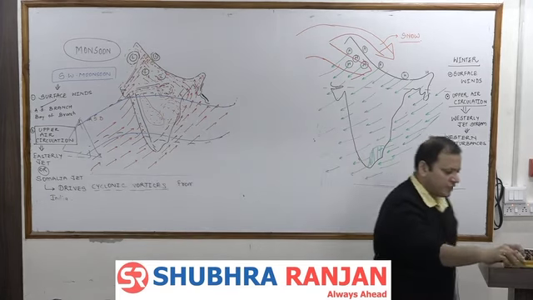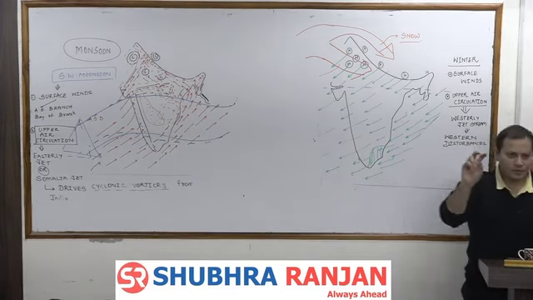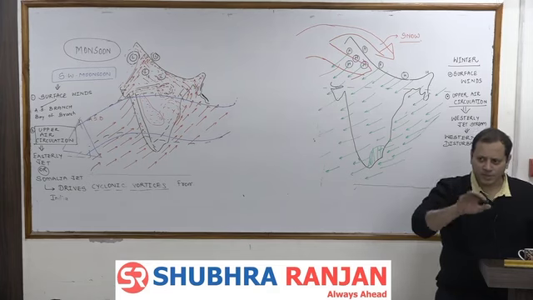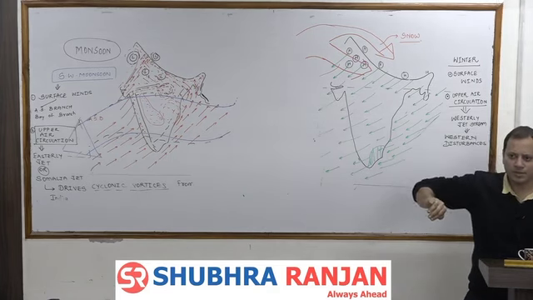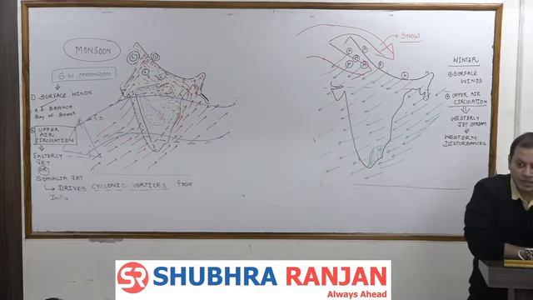Underline the word gradually, because this is the difference between southwest monsoon and retreating monsoon. Retreating monsoon is very slow. Center gradually starts withdrawing from India, starting with North India.